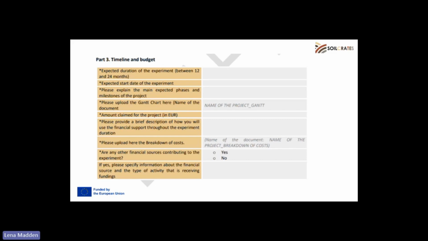Are any other financial sources contributing to the experiment? If you're doing these studies and continuing from another project, or you're planning to contribute to something else, you should say yes and explain, because as a condition of the call, the continuation of certain studies is allowed, because 2 years is very little.